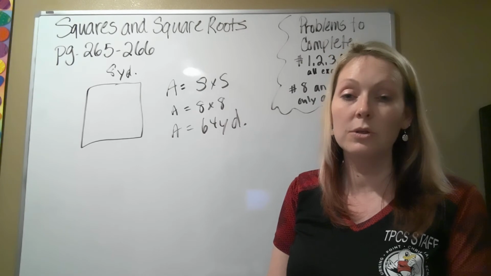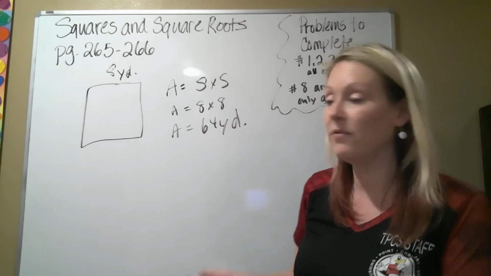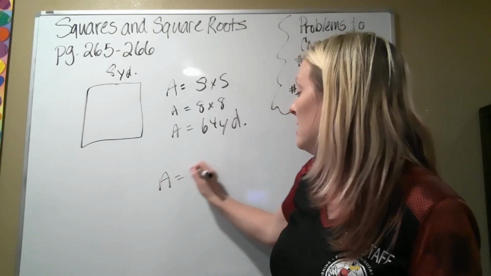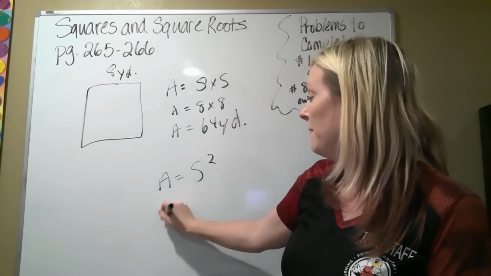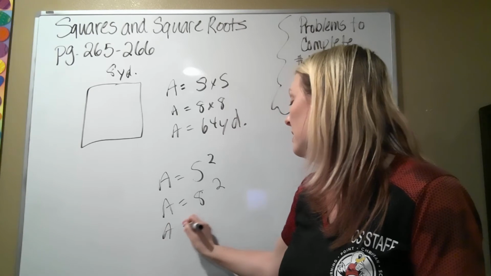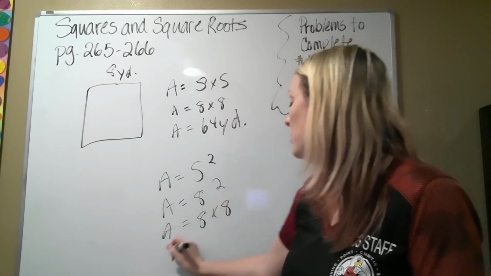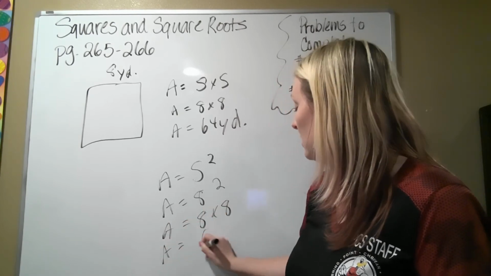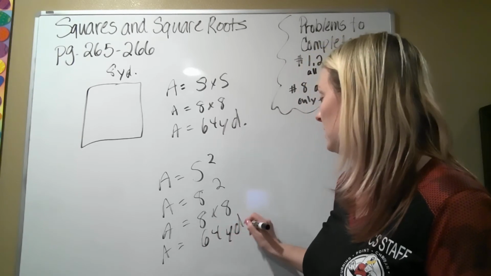That would be one way to do it. Or I can use the exponent and say A equals S squared. A equals 8 squared, and A equals 8 times 8, which is 64 yards. I got the same answer.